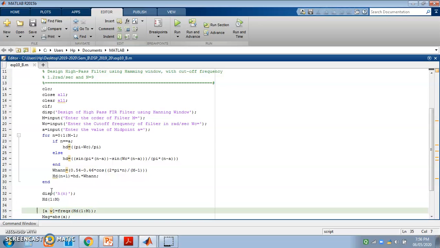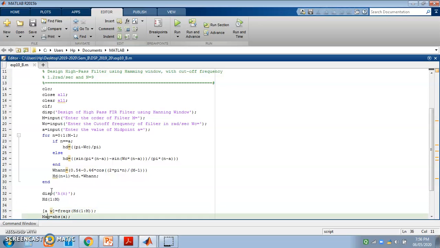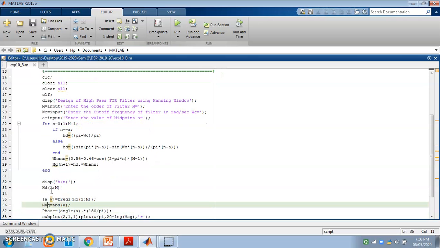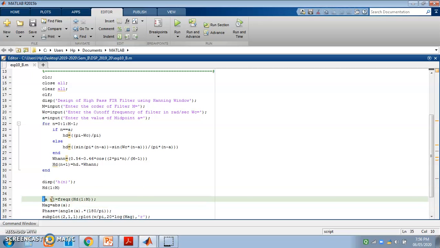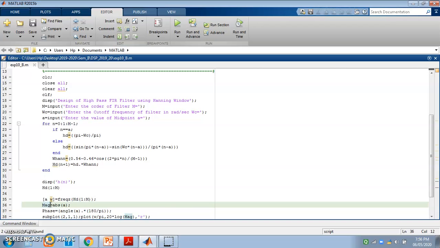So that task is completed in MATLAB with the help of the freqz command. So here we are having the frequency response stored as a variable a and with respect to frequency omega. So I can segregate the magnitude part and phase part by using absolute and angle commands in MATLAB.